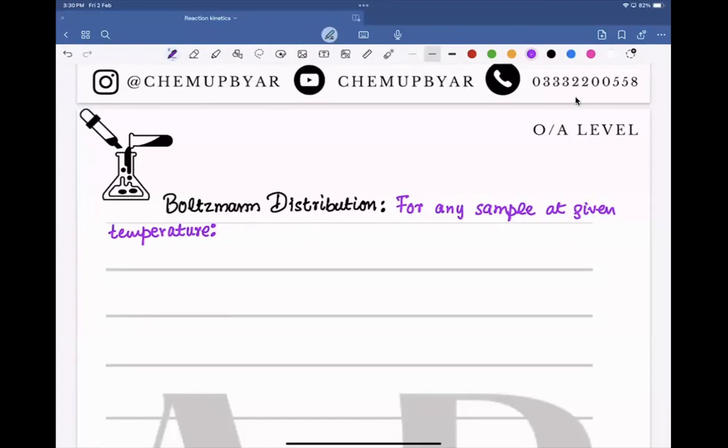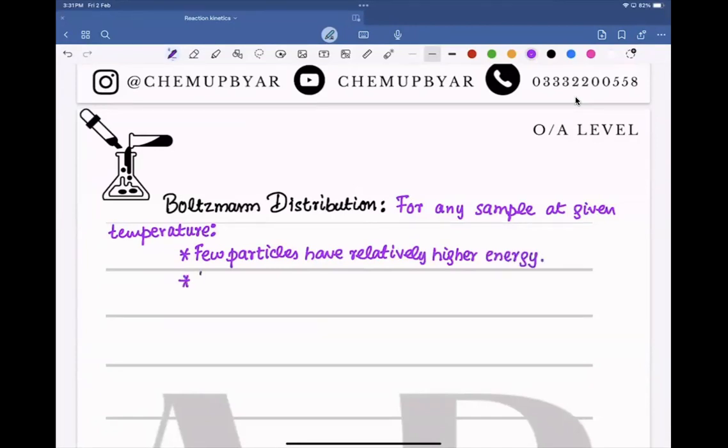You all know that all the particles present in any sample do not have equal energy, right? So out of all the particles, there are only a few particles which have relatively higher energy, right? Only a few particles have very high energy.